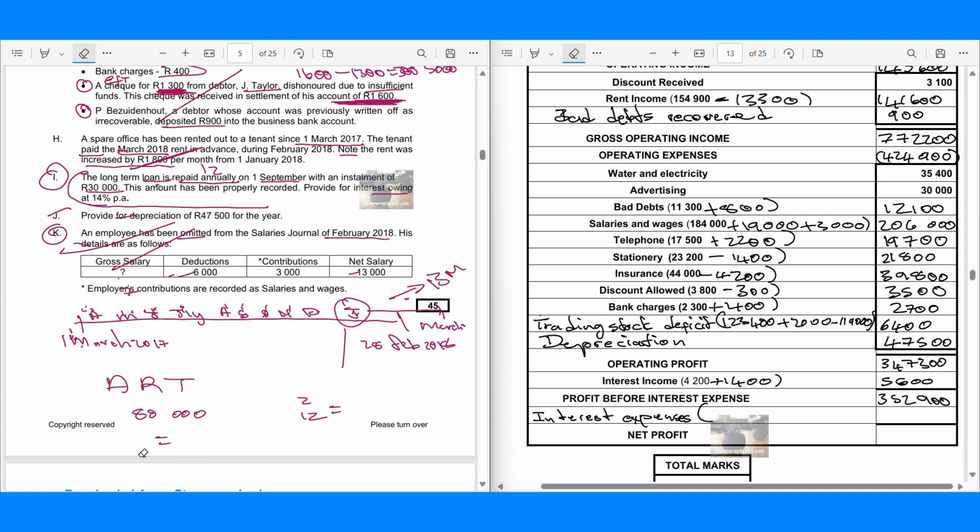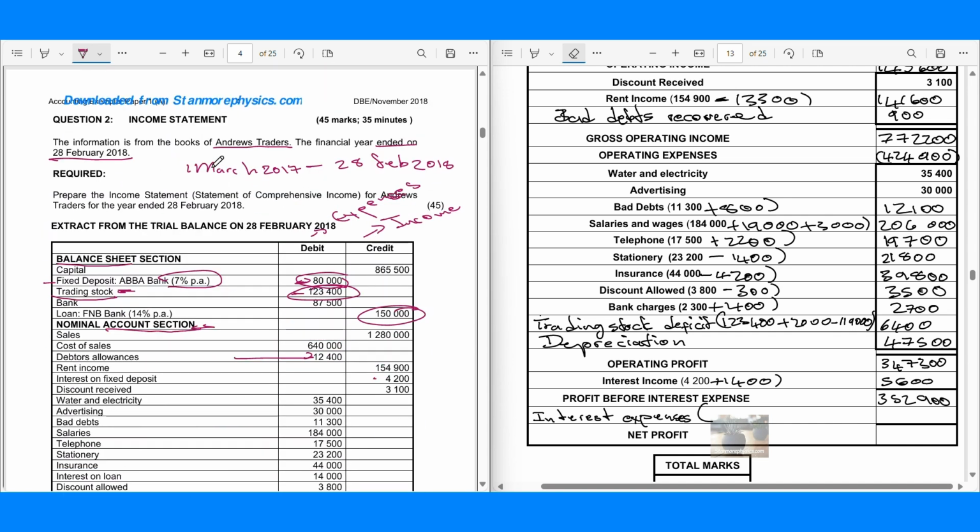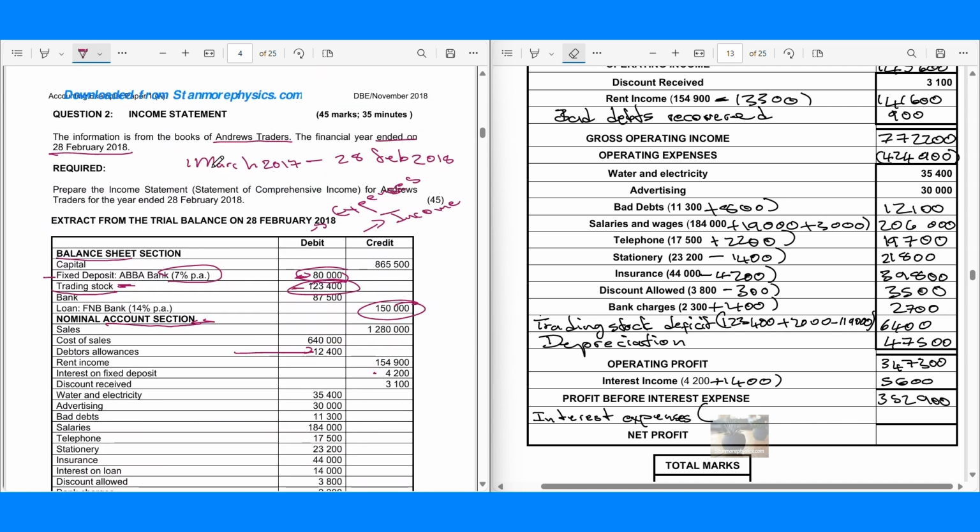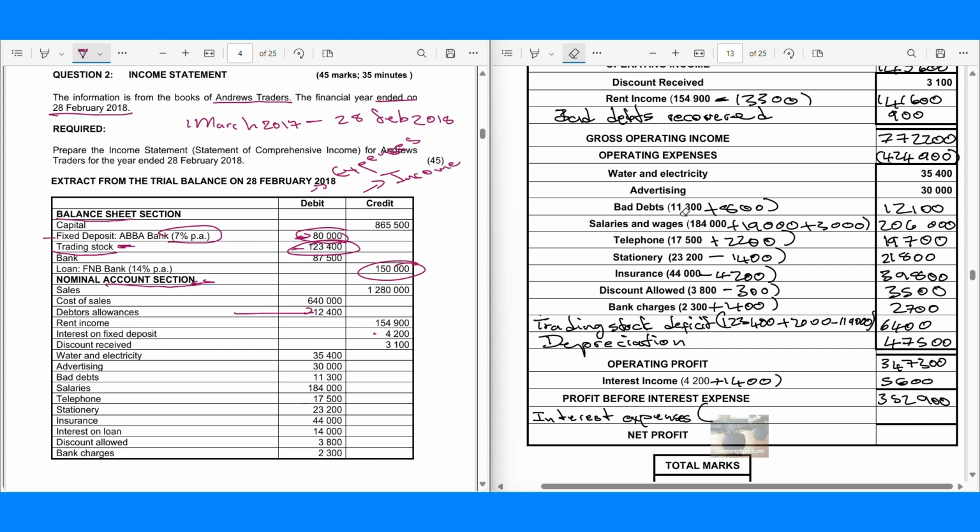So we need interest on loan. According to that formula I once gave you, you are going to take this loan that you have here, this one on the credit side, and multiply by what? As you can see, they said 14% per annum.